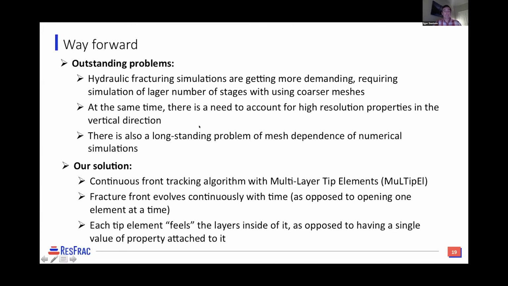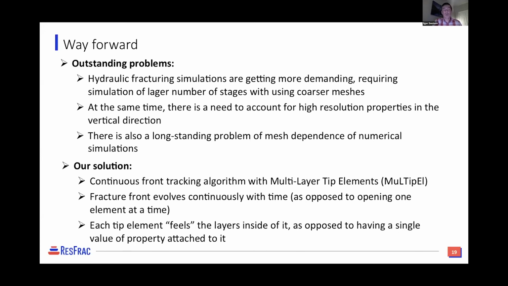Second thing is there is a need to account for high resolution properties, right? We know that shales are really thinly layered, right? I mean, if you have ever seen the picture of a core, maybe I should have put it there, then the layers can be really, really thin. And the question is, which ones are important, which ones are not? How do you know? Do you just homogenize? Do you upscale?